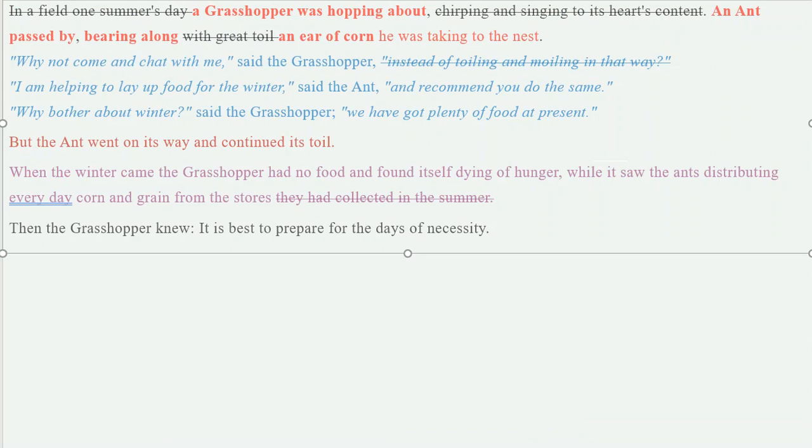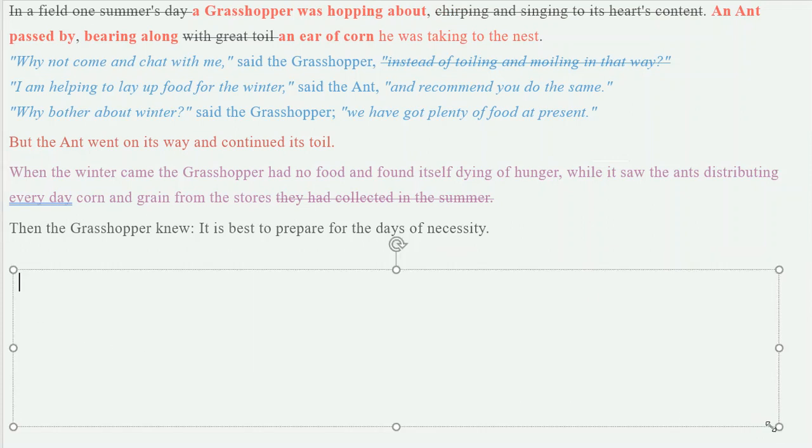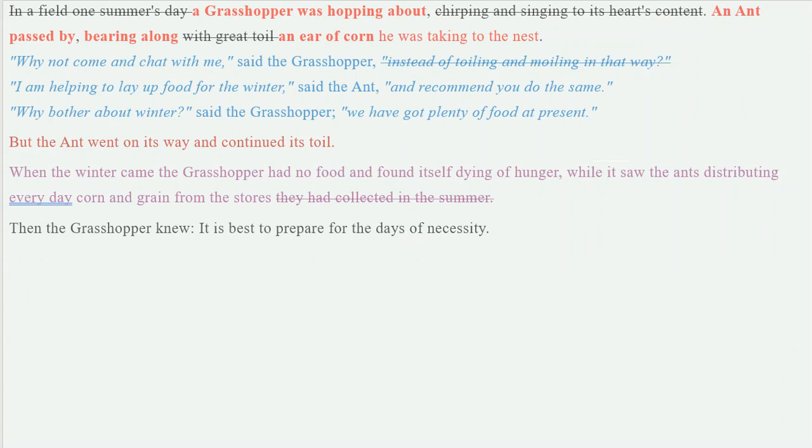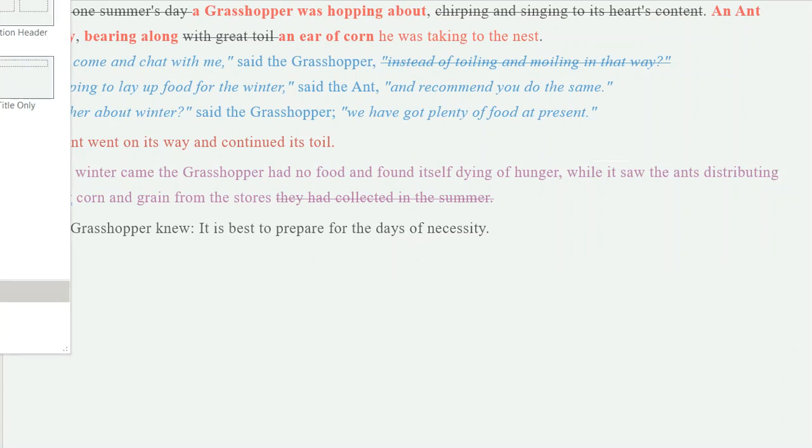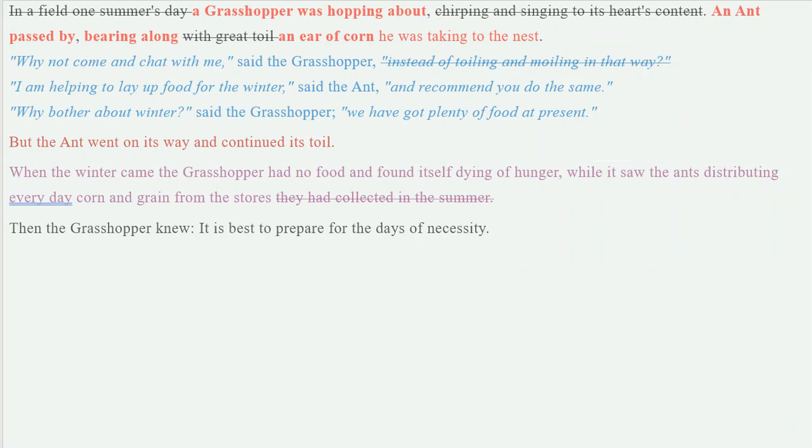So to do that, I might create a text box for myself and see what happens. Okay. So what did I do? I might copy this again. Okay, so what happened? I have removed this.